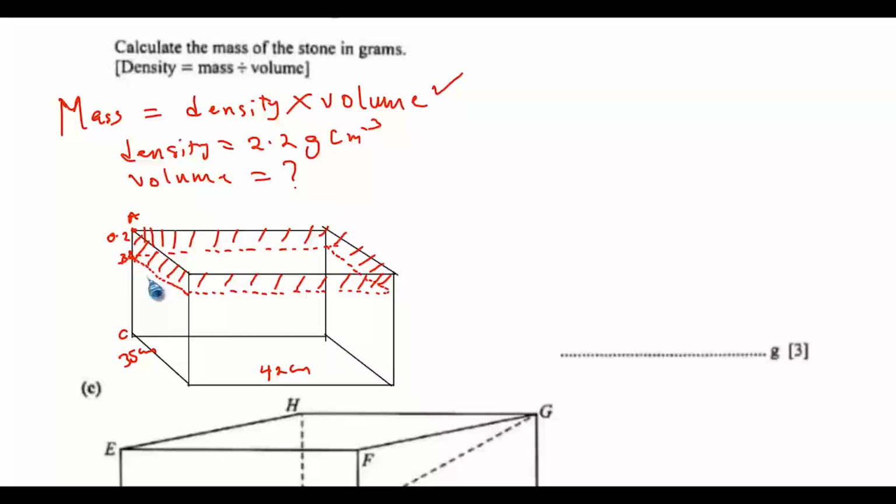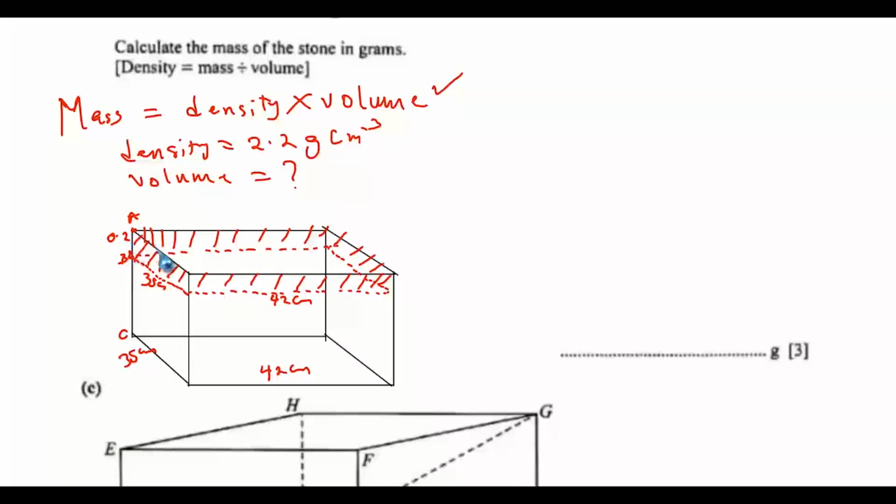Okay, and this place remains 35 centimeters. Because these are opposite sides of a rectangle, this place too remains 42 centimeters. So we can now calculate the cross section area of this shaded shape.